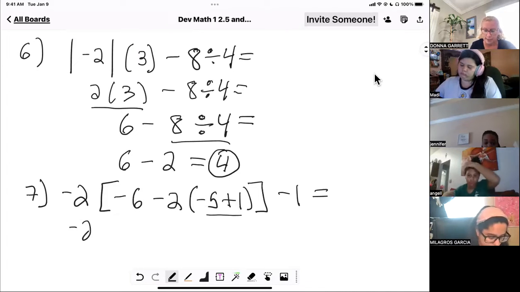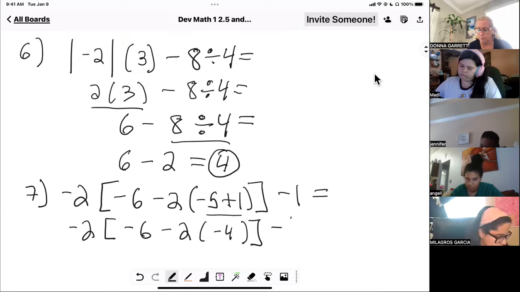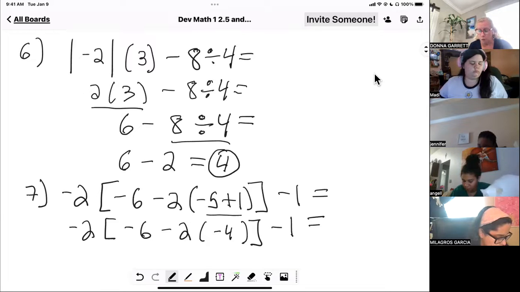So -2 is going to stay. -6 minus 2 times, okay, so -5 plus 1, subtract, keep the sign of the bigger number. That would be -4, minus 1. Now we're still working in parentheses, and again, be very careful. This is multiplying.